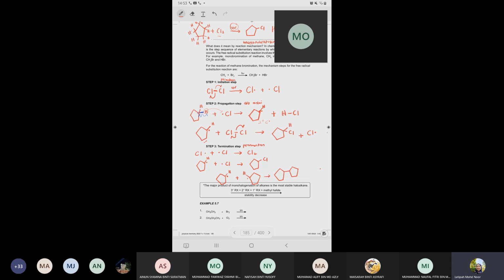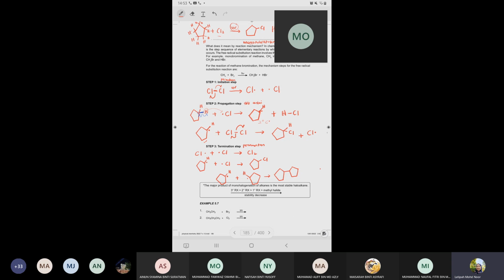Okay, kalau kita tak buat termination step, semua 10 hidrogen ni boleh ditukar ganti, okay, oleh Cl. Okay, jadi sebab kita tak nak benda tu berlaku, kita hanya nak mono substitution ataupun kita hanya nak mono halogenation ataupun mono tukar ganti, maksudnya satu sahaja Cl, satu sahaja hidrogen akan ditukar ganti oleh satu Cl. So kita kena buat termination step.